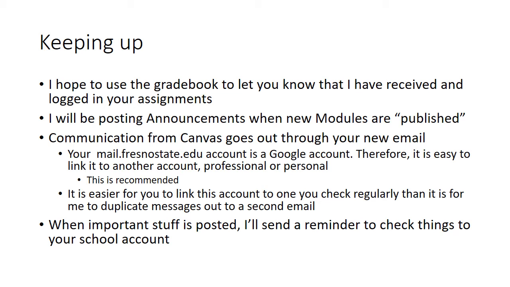Now, I'm going to try to set up a way. It hadn't worked in the past with Canvas, but if you look in the grade book and something hadn't been graded, that means that somebody else in the class hasn't completed it. It's an old habit I have where if I got 30 term papers to read, the first ones that come in, I start reading them and I go, oh, this was really bad, or this is really good.